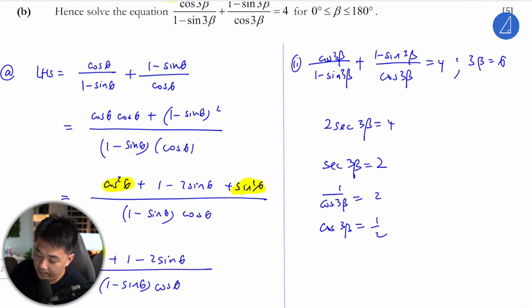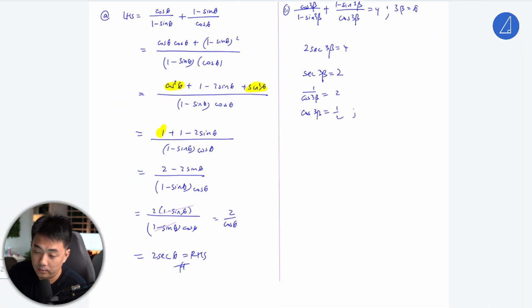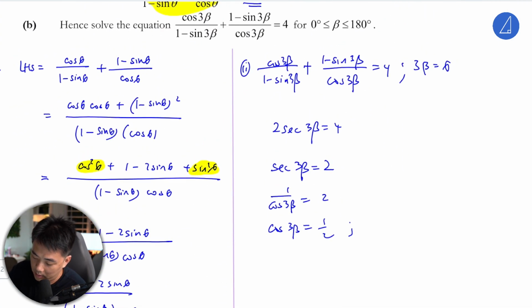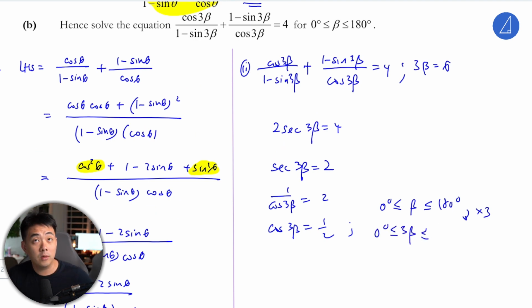Now this is interesting. Take note of the basic angle and the range. The range for beta is 0 to 180, so multiplying by 3, 3 beta ranges from 0 to 540 degrees.